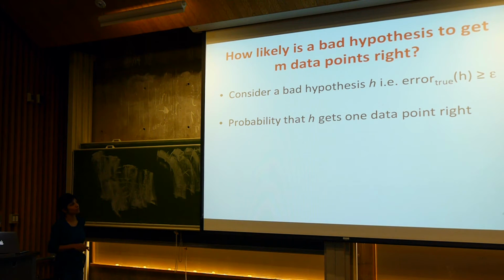So the probability of error of h is bigger than epsilon. What's the probability that it gets one data point right? Yeah, the probability that it makes an error is bigger than epsilon, so the probability it does not make an error is less than 1 minus epsilon, right? So that's for one data point.